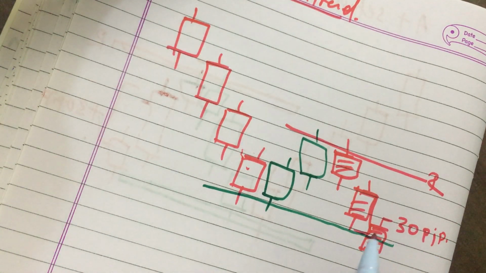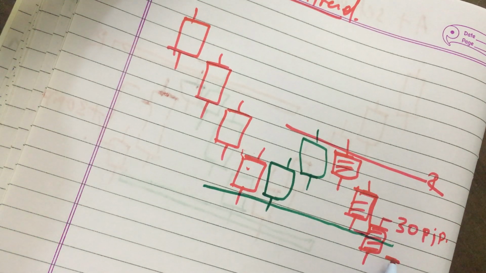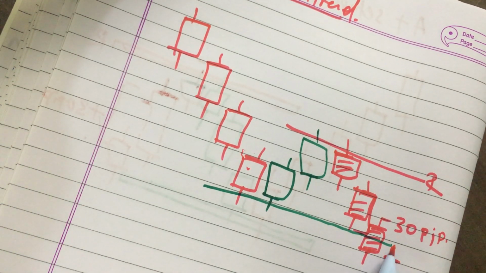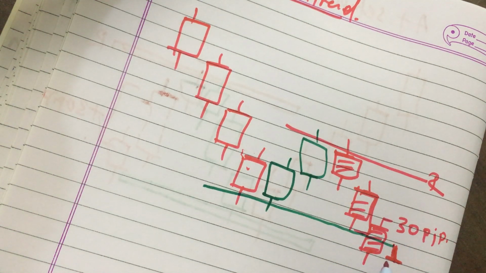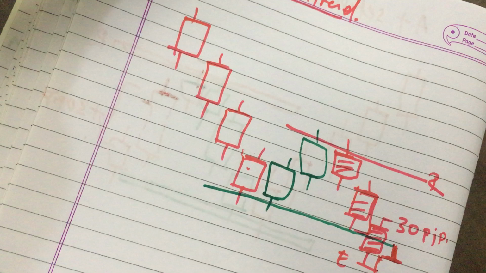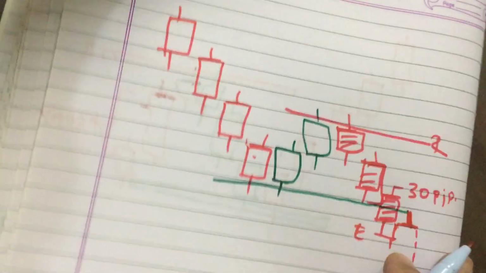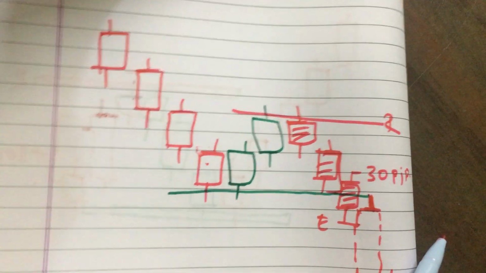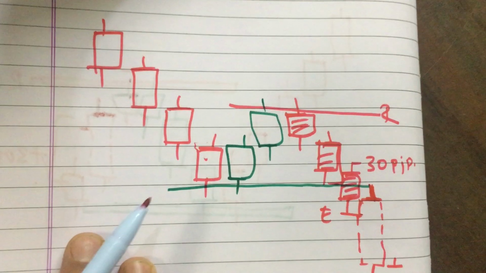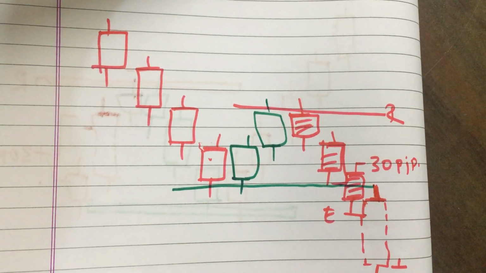If you see this type of small-body candle, you may wait for the next candle to open, retest back, or make some pullback, or wait for the liquidity grab at this point, respecting the previous high. You execute exactly here, and you are expecting candles like this and then like this. This is the perfect setup in the downtrend.